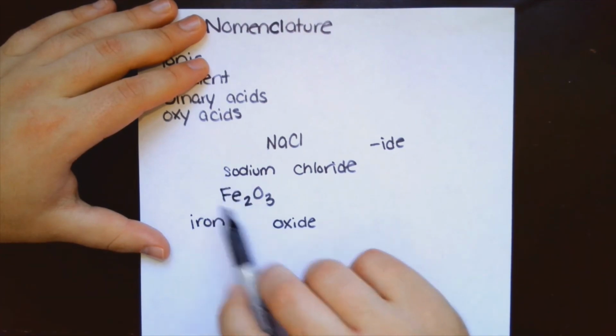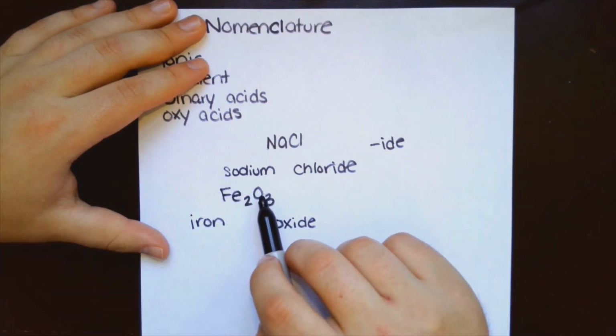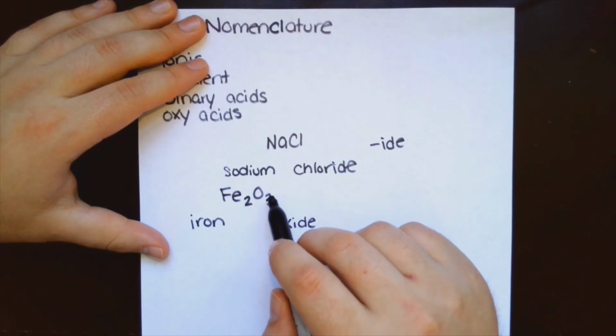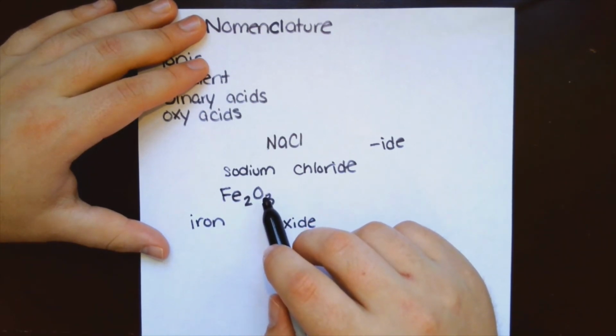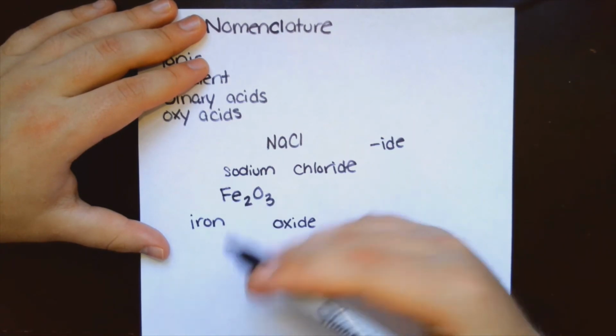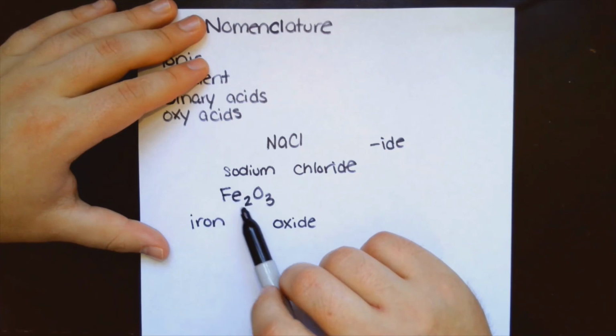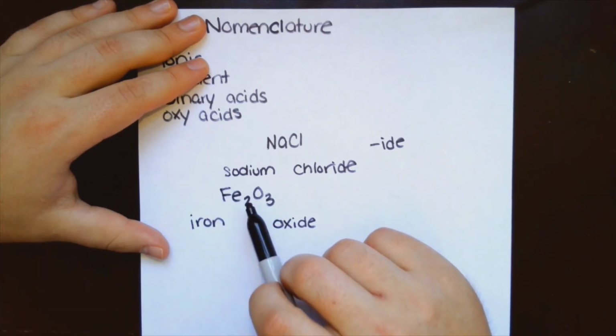So we have to figure out the charge of iron here. We know oxygen is going to be -2, right? And there's 3 of them. So 3 oxygens, all with a -2 charge. That gives you a total negative charge of -6. We have 2 iron ions.